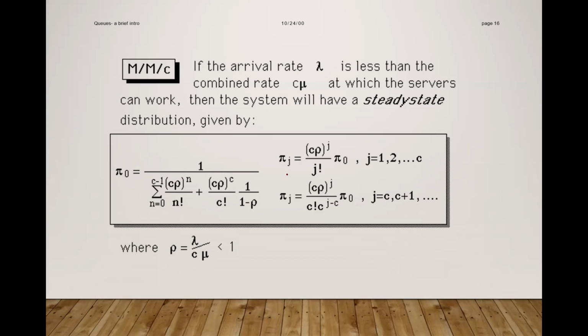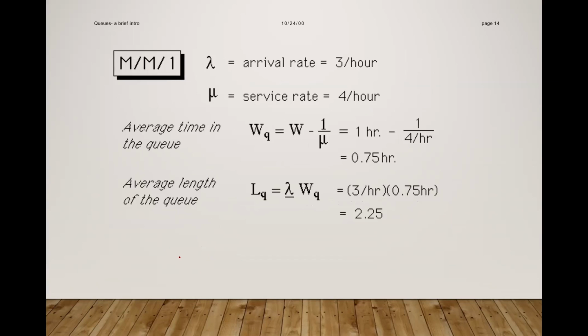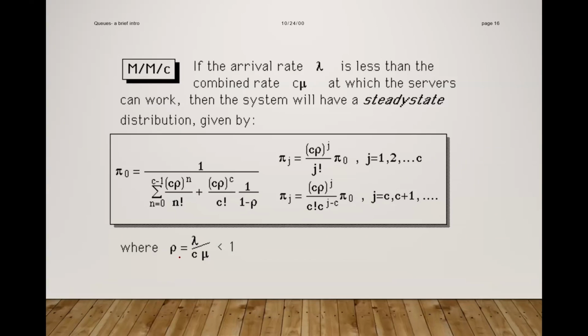So lambda, lambda j. And this is just manipulating in terms of C mu. And then the utilization of the server is lambda divided by C mu. That is very obvious, because earlier we just had mu, without C times mu.